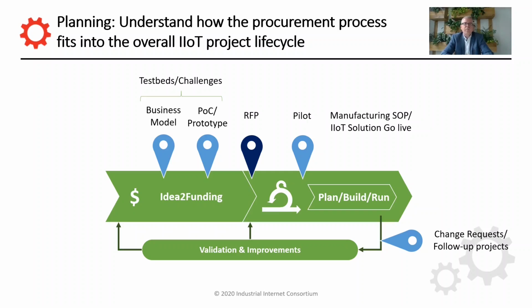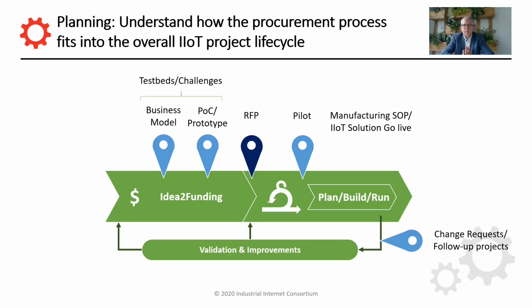Typically, what's also different about an IoT solution is that you have a combination of your solution go live, so for example, a typical cloud solution, together with your manufacturing start of production. So for example, you are producing assets which are now equipped with extra sensors or actuators, etc., that are talking to your cloud solution. So all of this needs to be well understood.